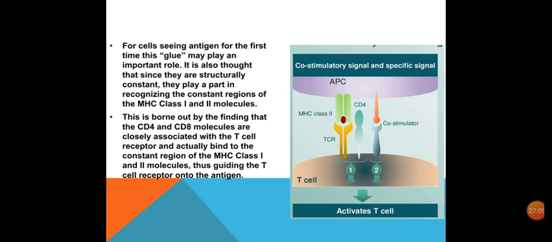This is borne out by the finding that the CD4 and CD8 molecules are closely associated with the T cell receptor and actually bind to the constant region of the MHC class I and II molecules, thus guiding the T cell receptors onto the antigen.